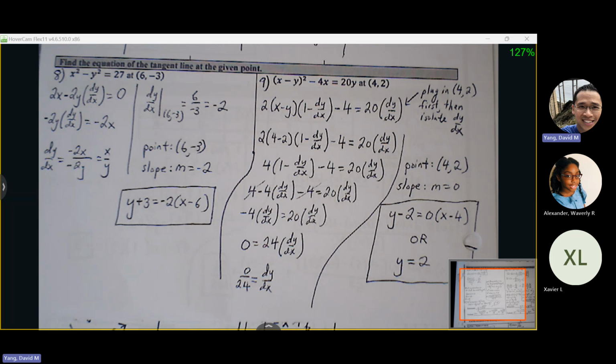It doesn't matter which side you put the... Yeah, it doesn't really matter. Yeah, divide all that over. Okay, right?